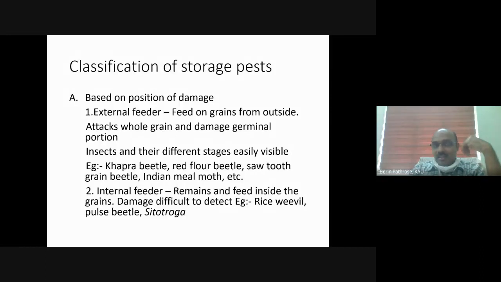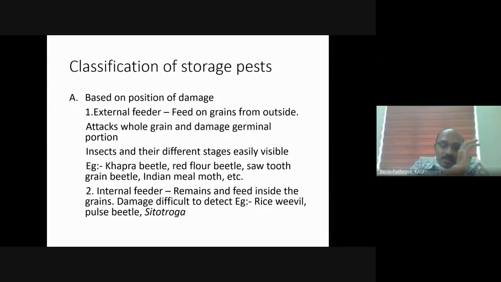I will repeat, the insect which remains outside and feeds the grain from outside is called an external feeder. If the insect bores into the grain and feeds on the inner contents of the grain, that kind of storage pest is called an internal feeder.